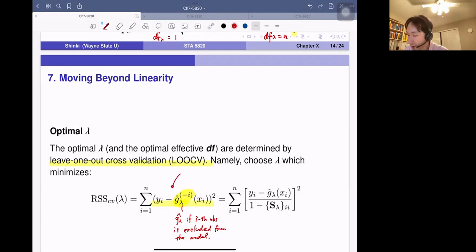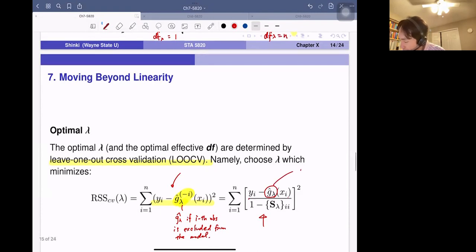That means we have to fit the model n times. With a sample size of 100, we have to fit the model 100 times. But actually, this can be calculated in this way: yi minus g lambda hat xi, the usual fit using all observations.